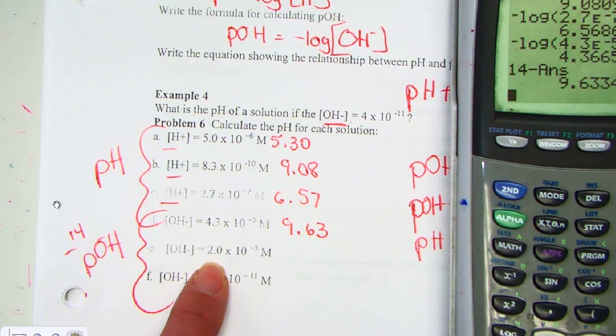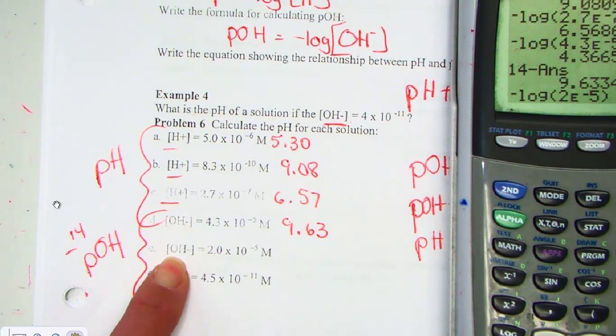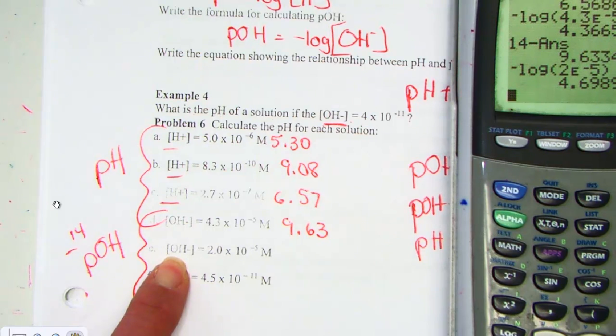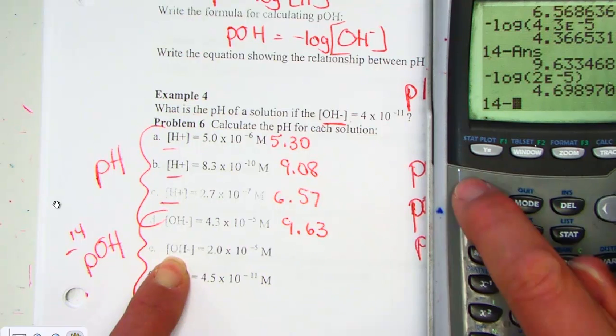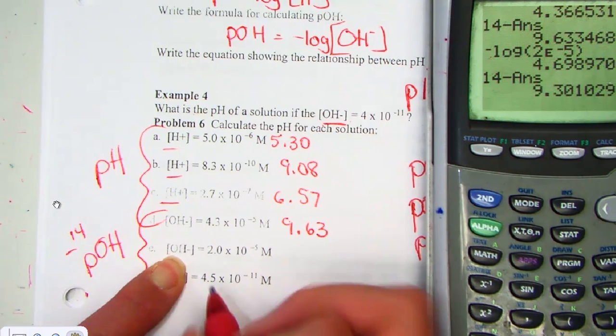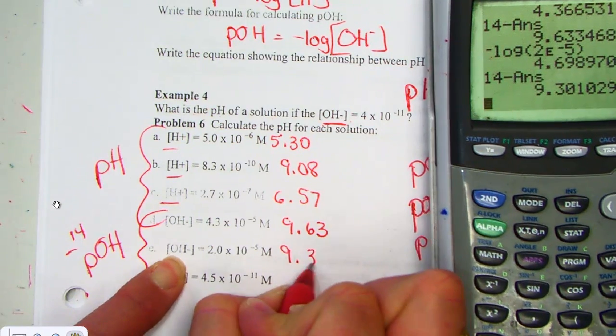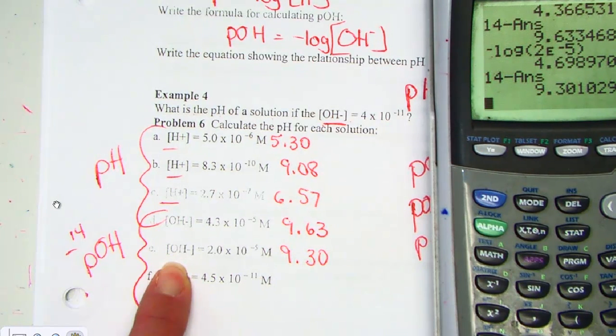Let's do letter E together. Negative log 2.0 times 10 to the negative 5th. When I negative log a hydroxide, this number is my value of pOH. 14 minus that answer, and here's my pH, 9.30 pH units.